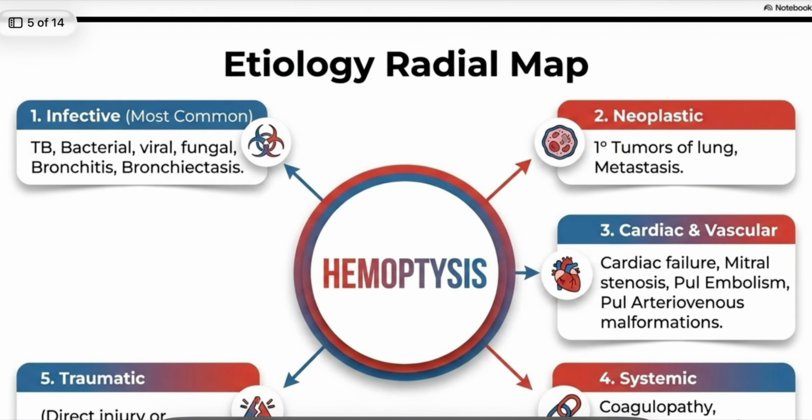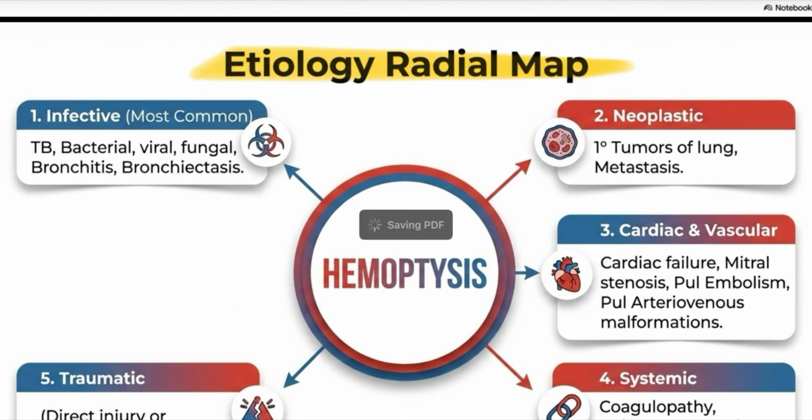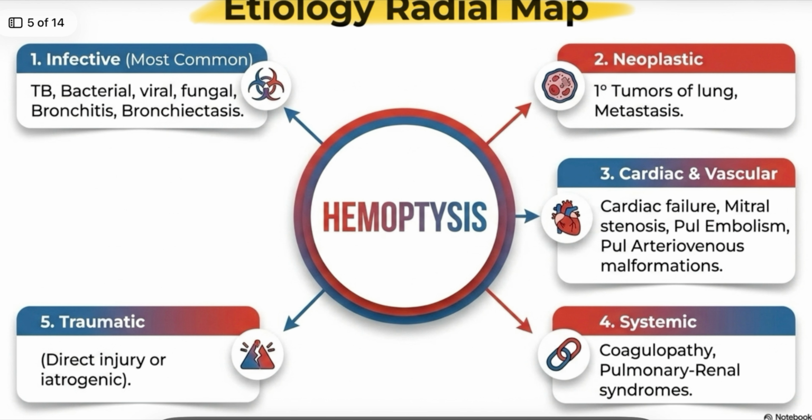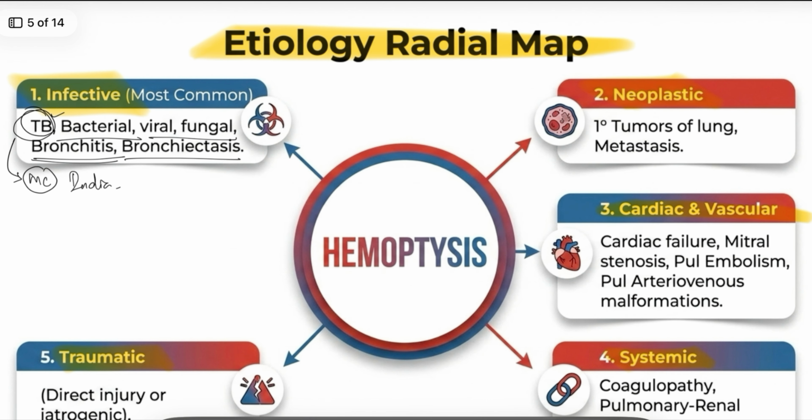Then coming to etiology, we divide it into 5 main causes: infective, neoplastic, cardiovascular, systemic and traumatic. In infective, we have TB, the most common culprit in India, then bacterial, viral, bronchiectasis and bronchitis. Neoplastic includes primary tumors of lung and metastasis.